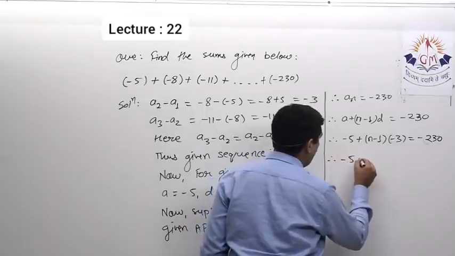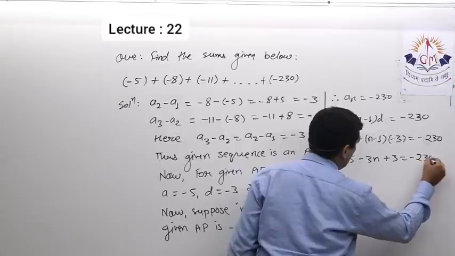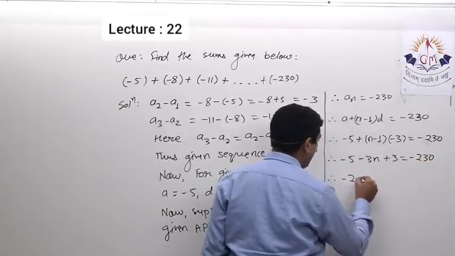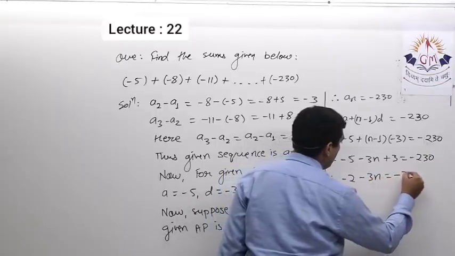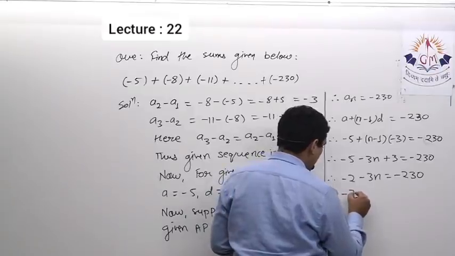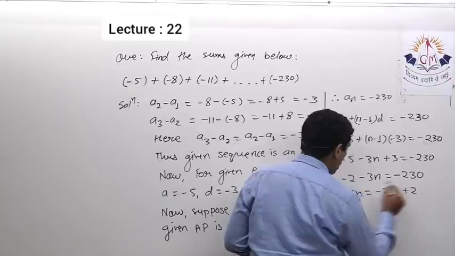So minus 5 minus 3n plus 3 is equal to minus 230. Now minus 5 plus 3 is minus 2, minus 3n, is minus 230. Okay, so now I can say minus 3n is equal to minus 230 plus 2.